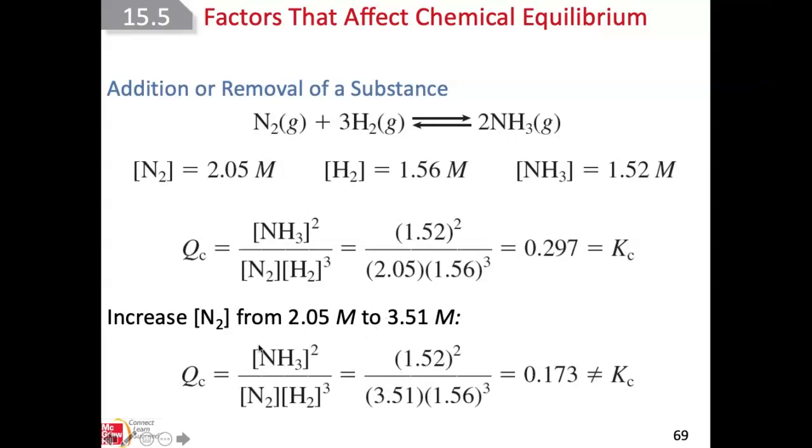If I take this new concentration of N2 and put it into this equilibrium expression, we will see that the Qc equals 0.173, which is not equal to Kc. Our reaction is no longer at equilibrium. Stress was applied to the system, and the reaction is not at equilibrium.